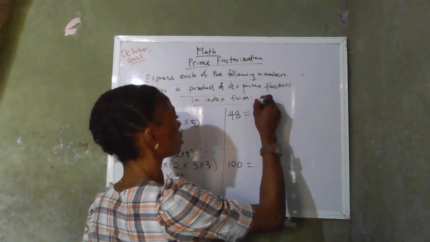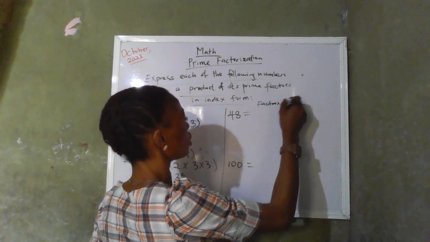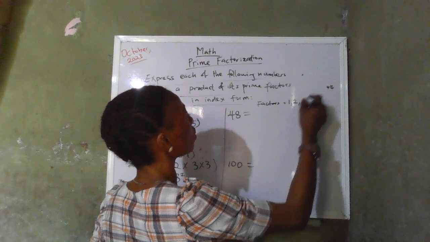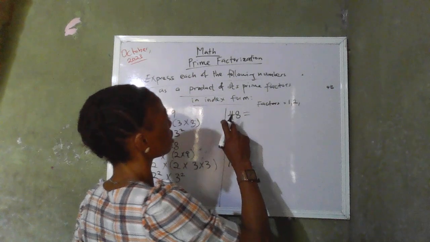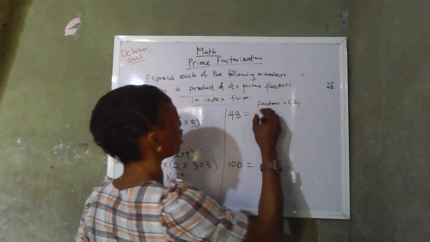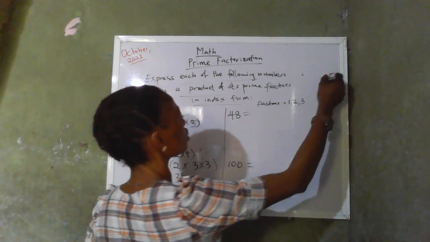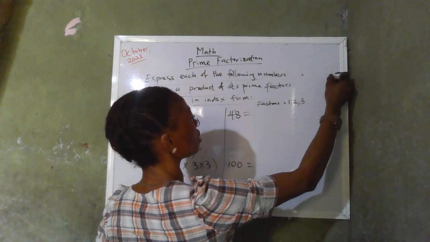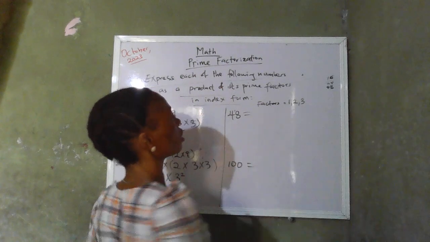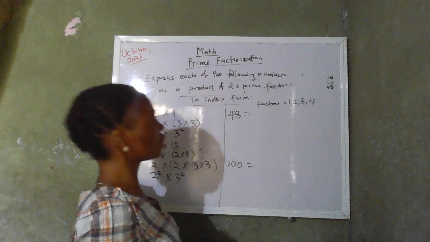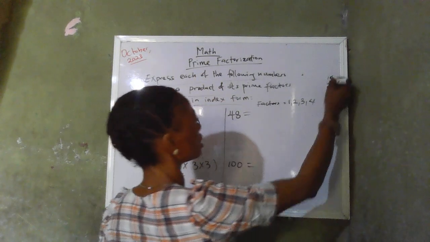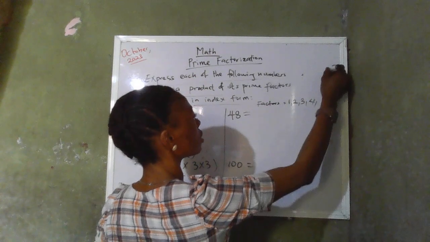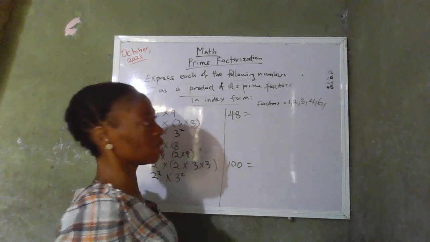We have 1 multiplied by 48, 2 multiplied by 24, 3 multiplied by 16, then 4 multiplied by 12 gives us 48. Then we have 6 multiplied by 8 gives us 48.